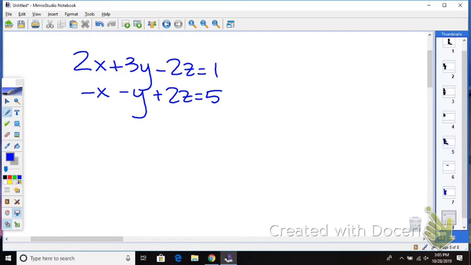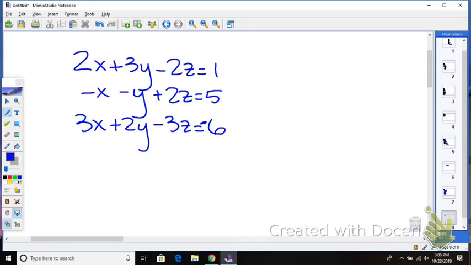And then 3x plus 2y minus 3z equals -6. So that's 2, 3, -2, 1; -1, -1, 2, 5; 3, 2, -3, -6.